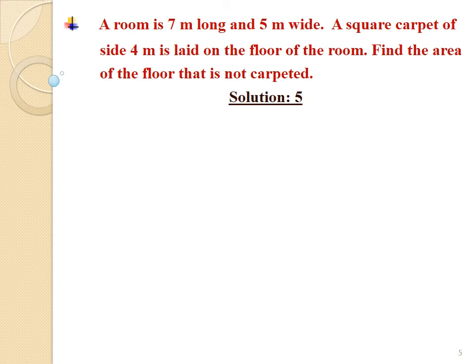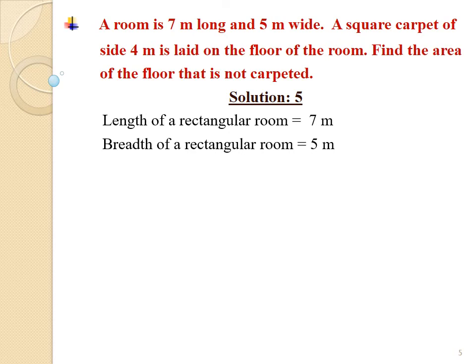Length of a rectangular room is given 7 meters. Breadth of a rectangular room is given 5 meters. Side of a square carpet is given 4 meters.